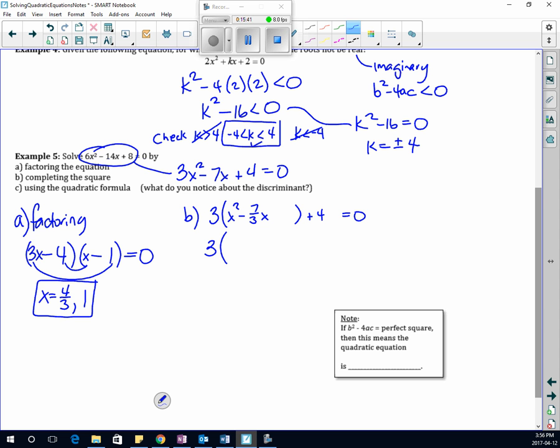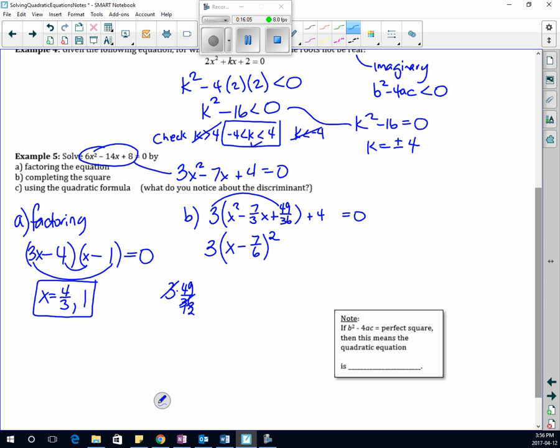If I take half of 7 over 3, I get 7 over 6. If I square that, I get 49 over 36. But really what I did is I added 49 over 36 times 3. So what is 3 times 49 over 36? If I cross cancel, I get 49 over 12.